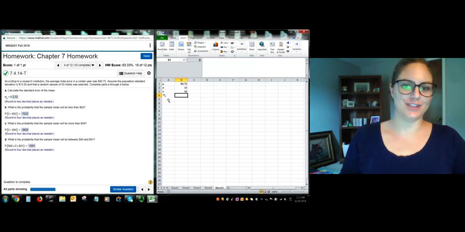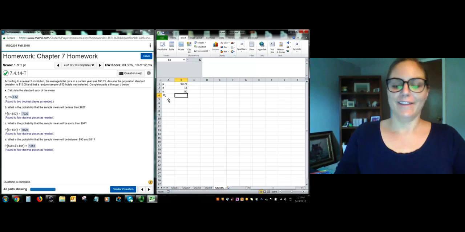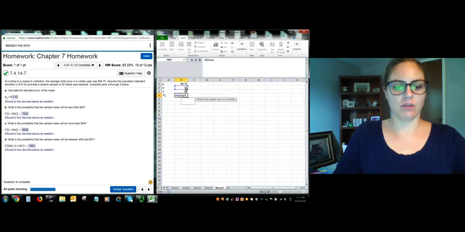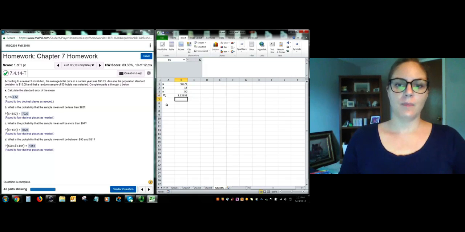The x bar is just the x with a bar over it. I can't do that on this old computer that I have at my house. So the standard error of the mean is again given by sigma divided by the square root of little n. Okay, so this is the standard error of the mean, 2.12, and we see that here.